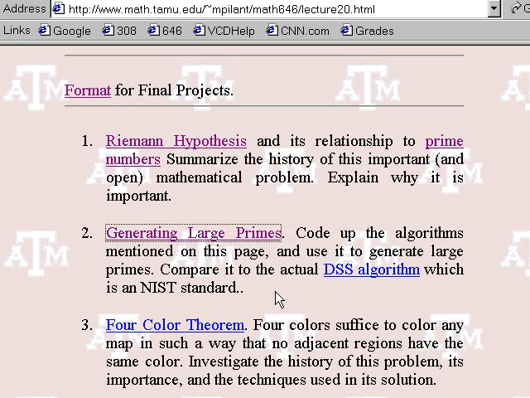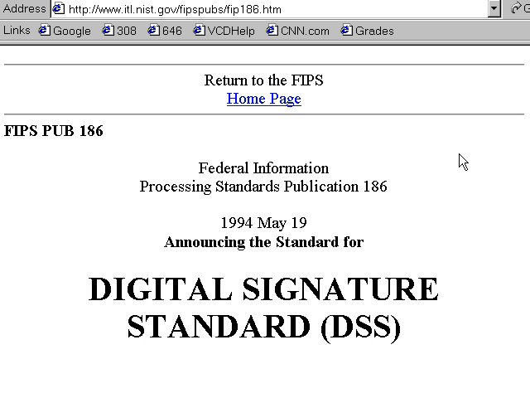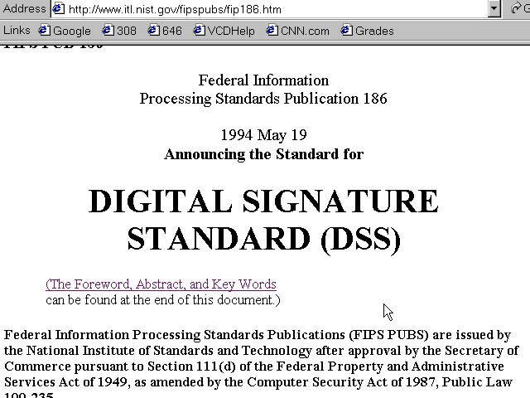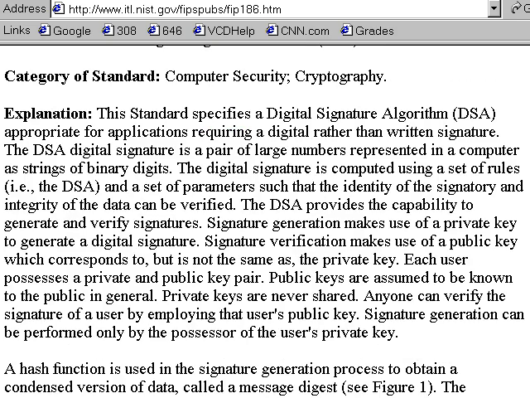Now, there is a link. It was said in here that this is a simplified version of the prime generation algorithm that's actually used, which is the so-called digital security DSS algorithm. Now, this is the NIST. NIST is what was formerly called the National Bureau of Standards, NBS. This is the National Institute of Standards and Technology, NIST.